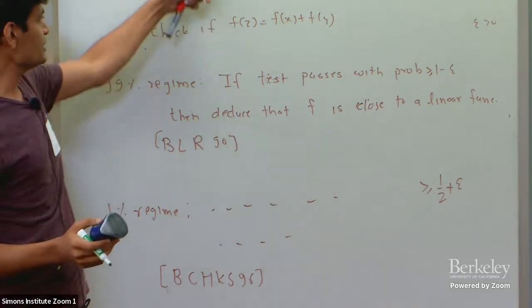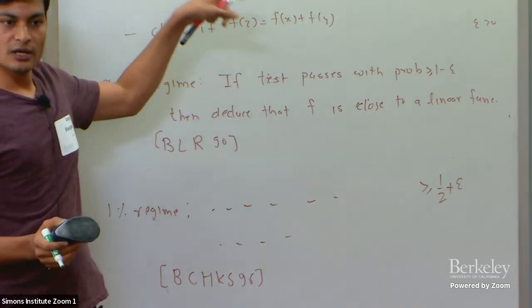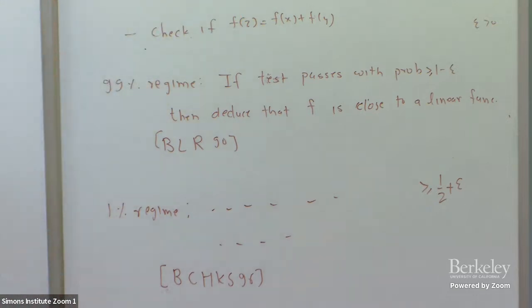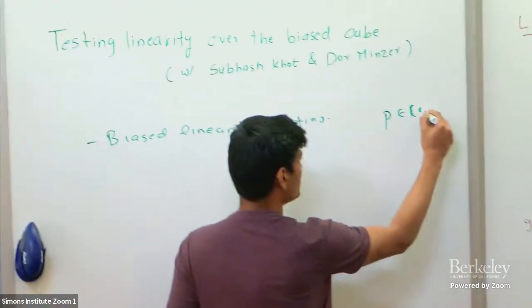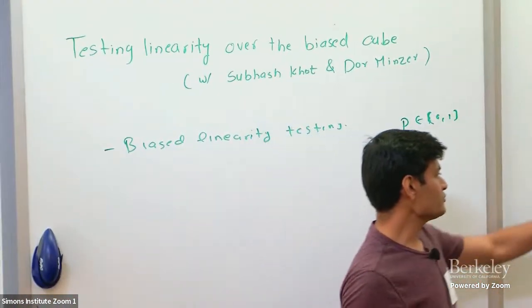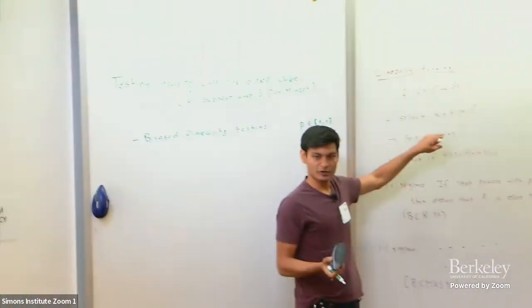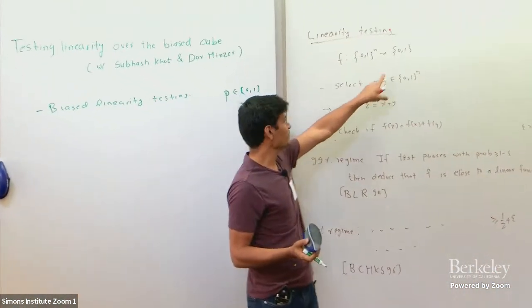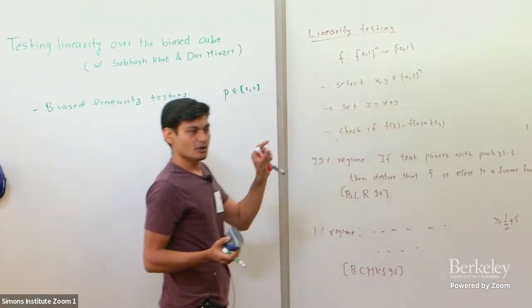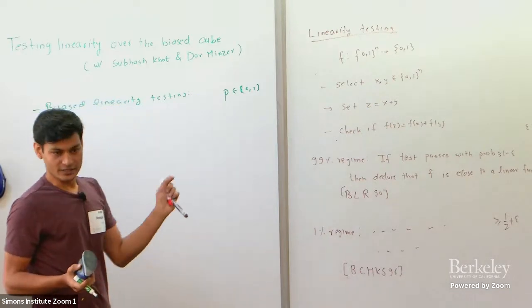Here in this case, each query is distributed uniformly, but in biased linearity testing, we fix a bias parameter p in (0,1), and we are interested in a test where, no matter how many places you query f at, we want each of the queries to be p-biased.